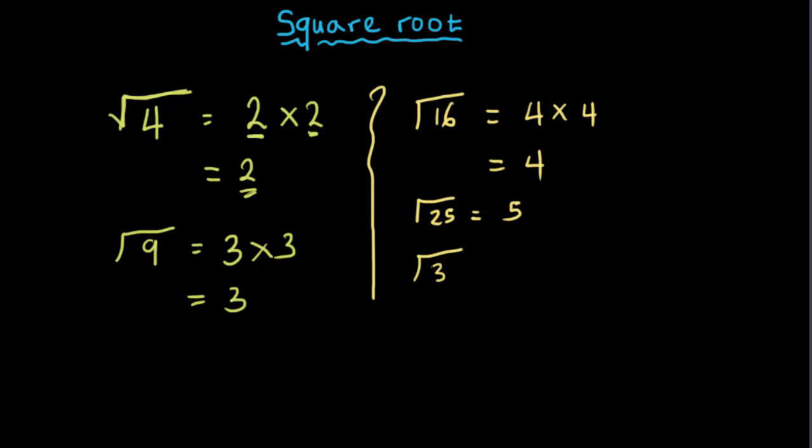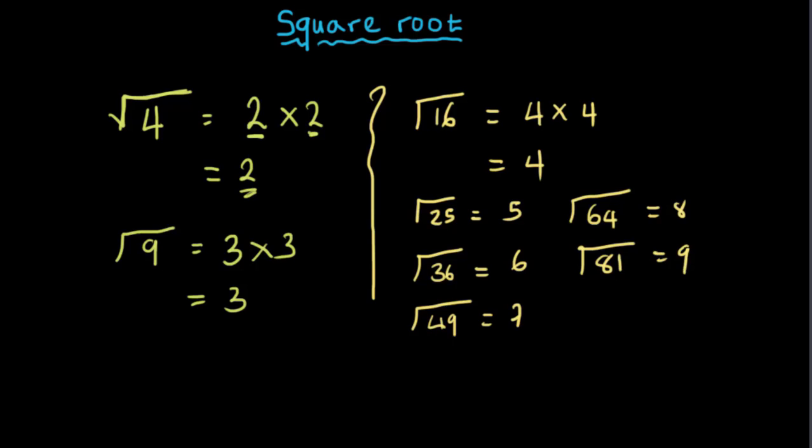25. The square root of 36 is 6, because 6 times 6 is 36. We know that the square root of 49 is 7, because 7 times 7 is 49. We know that square root of 64 is 8, because 8 times 8 is 64. We know that square root of 81 is 9, because 9 times 9 is 81. We know that square root of 100 is 10, because 10 times 10 is 100.